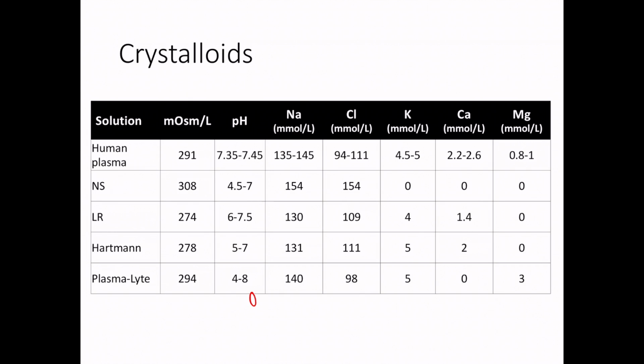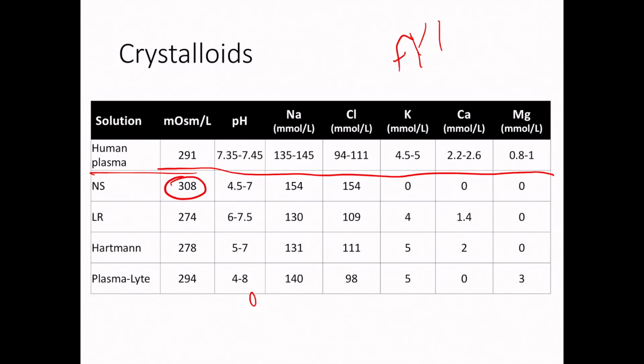I do not want you guys to memorize this. This is just FYI. But if you're curious about how these solutions line up with each other, you'll see here that this up here at the top is the normal body's volume. As I mentioned before, normal saline is slightly hypertonic compared to human plasma, versus lactated ringer, which is slightly hypotonic.